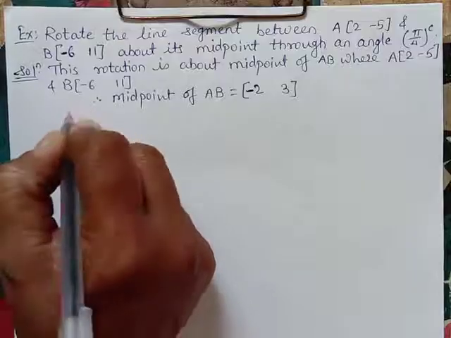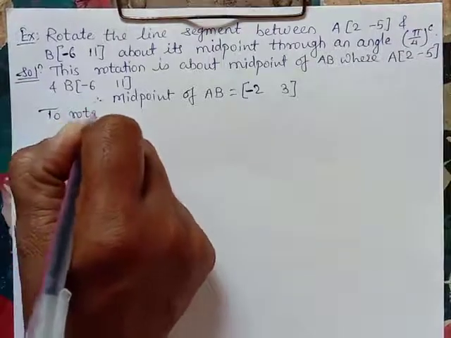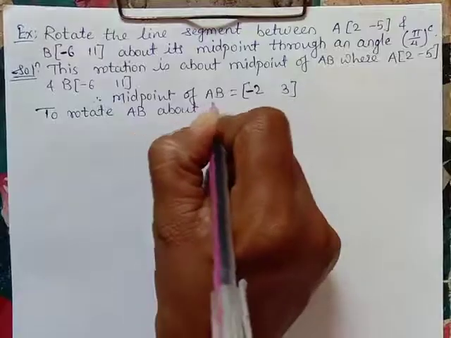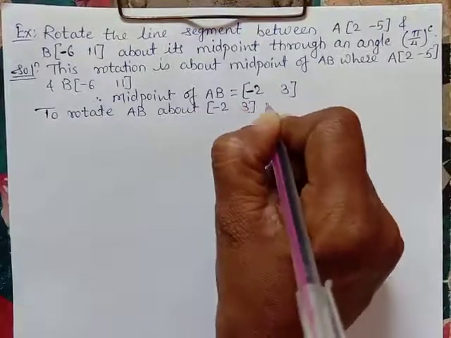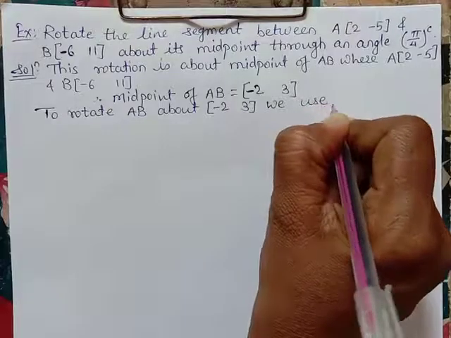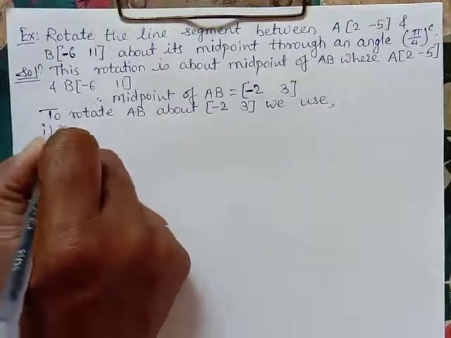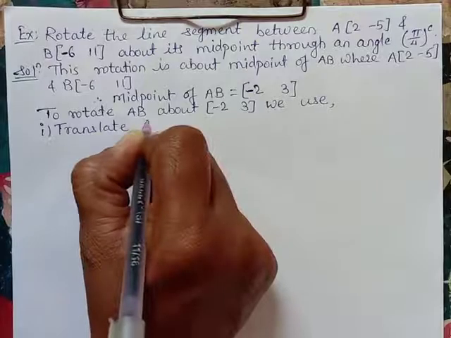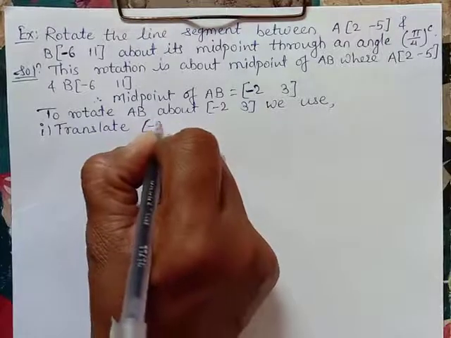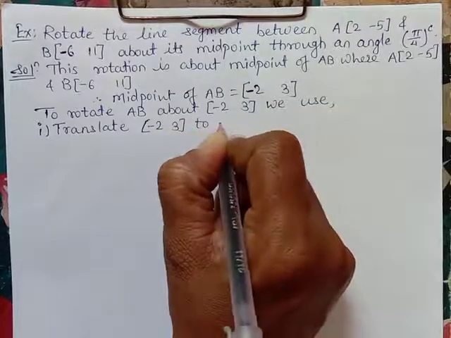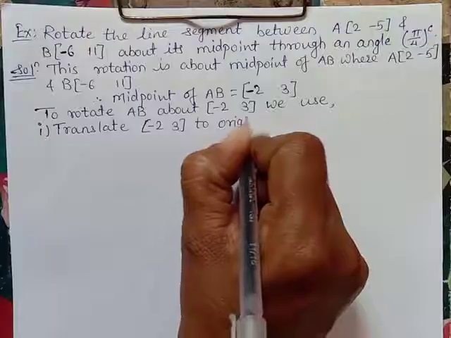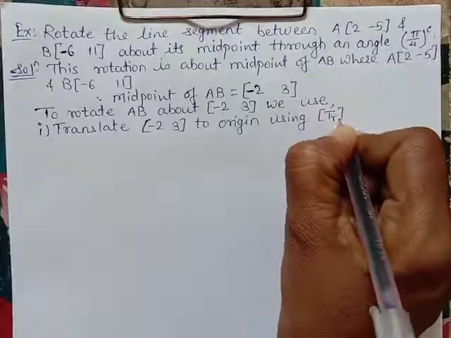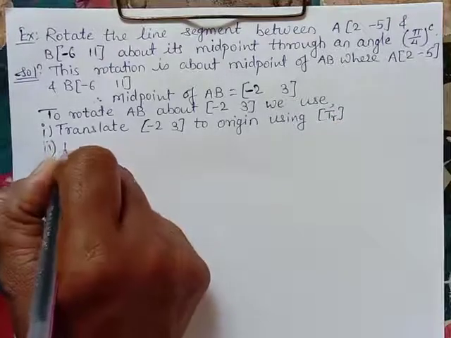Now, to rotate AB about this point, we use, first step, translate this point minus 2, 3 to the origin using the translation matrix, according to the algorithm.